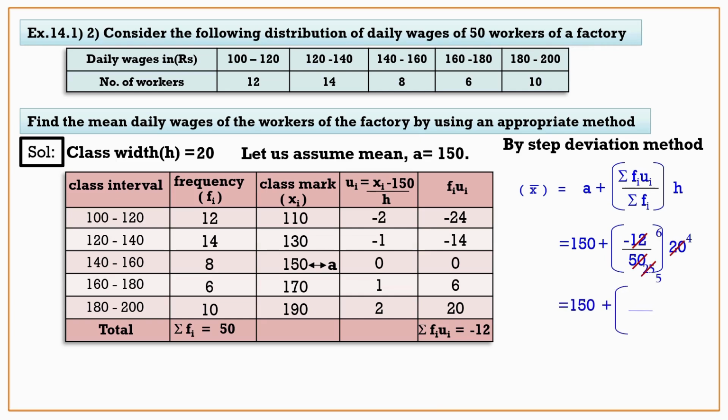Now we got 150 plus minus 24 by 5, which is 150 minus 4.8, coming to 145.20. In the question they are asking for daily wages, so it should be in terms of rupees. So the final mean value is rupees 145.20.